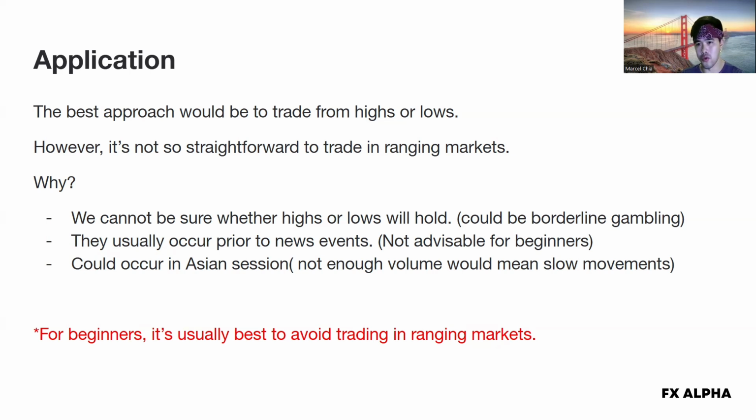There are no profits that traders can make when price doesn't move. And this could lead to different psychological effects like revenge trading, overtrading, just staring at the chart, hoping for things to happen and so on. So that's why, as a whole, for beginners, it's usually best to avoid trading when markets are generally ranging, due to all these reasons.